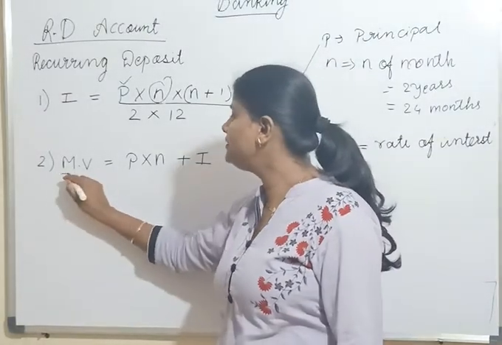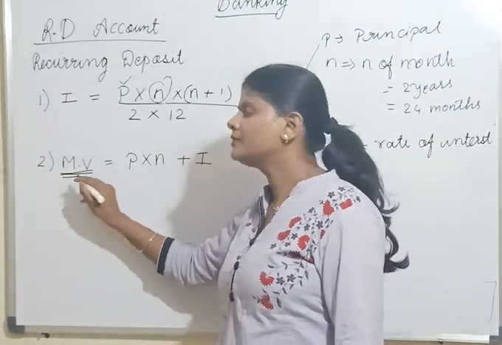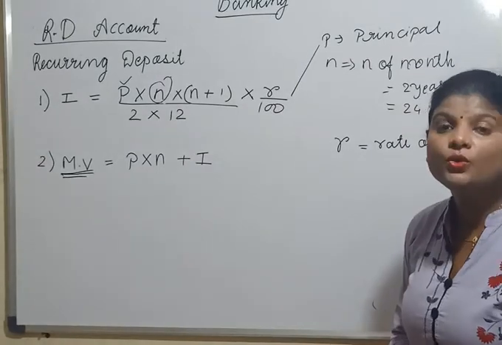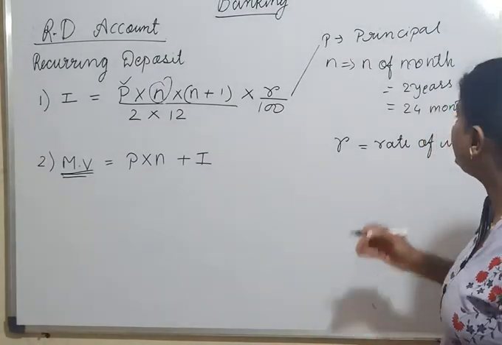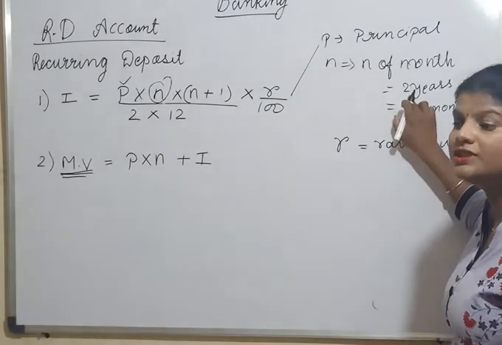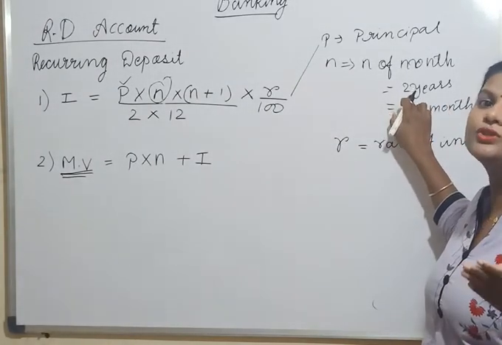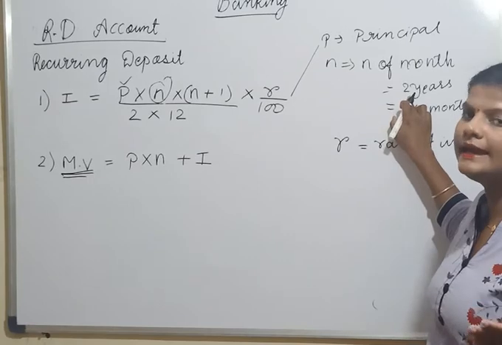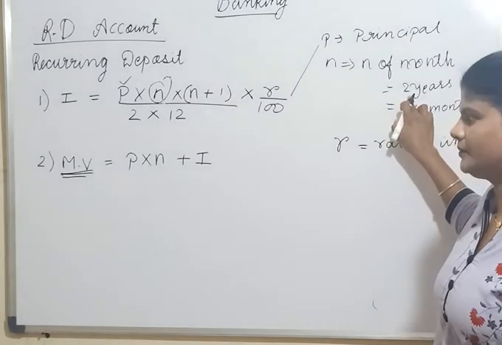Maturity value means the value which you will get at the end of the 2 years, because you are depositing money for 2 years.